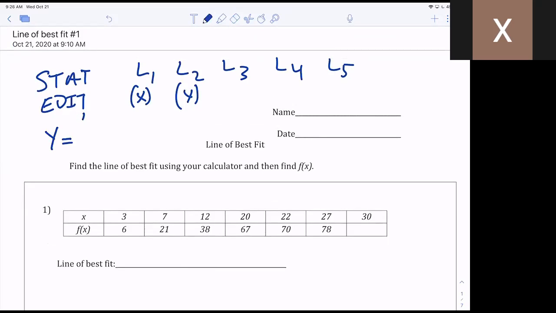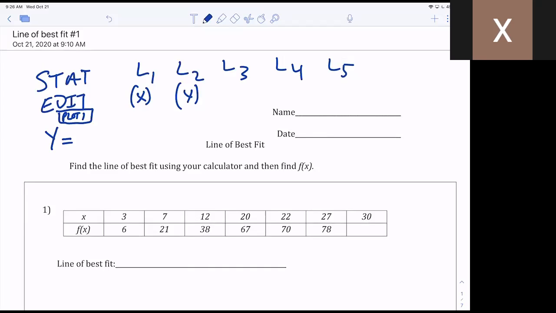If you have lines, just erase them. Under plot 1, everybody move your cursor to the top and then hit enter. If it's in gray now, that means it's turned on.